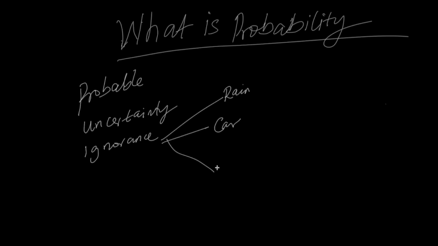What is going to be the price of stock next week or next month? Who will win the upcoming election? These are things where we cannot tell what will happen next. So probability is a science of uncertainty.